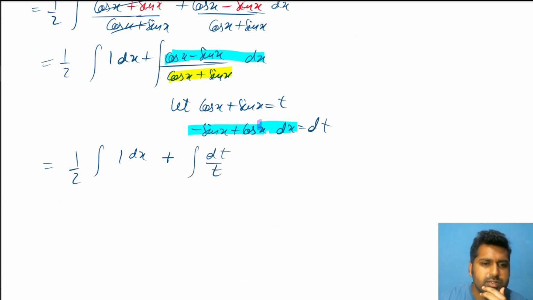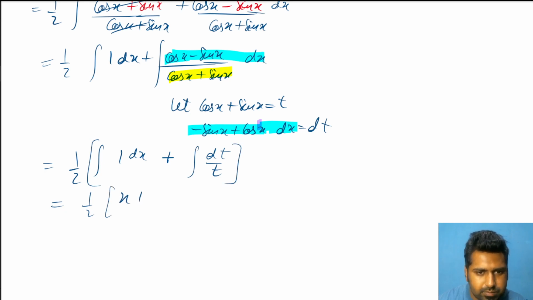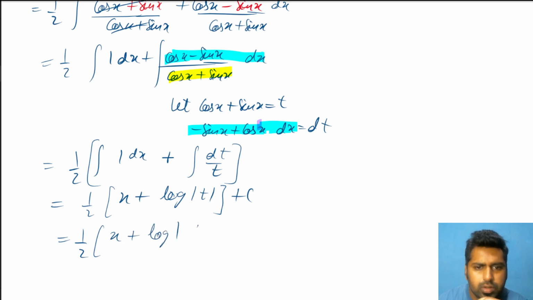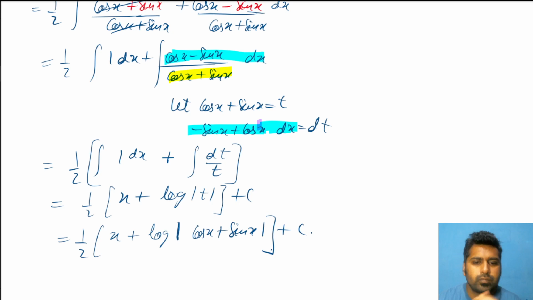Now it's okay, because in one integration you will not write t, this time it's with respect to x. So this is x plus 1 by t is log mod t plus c. So the whole answer is 1 by 2 x plus log mod cos x plus sin x plus c. That's your answer for this question.